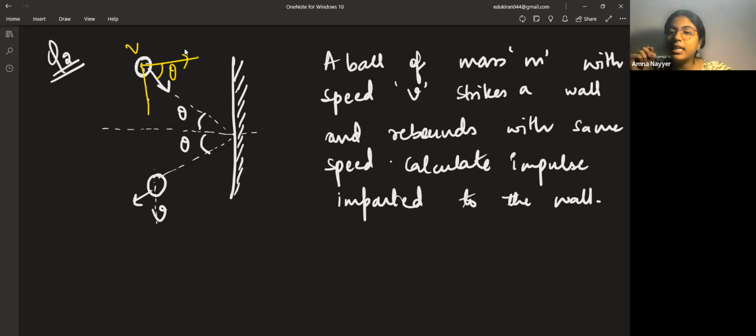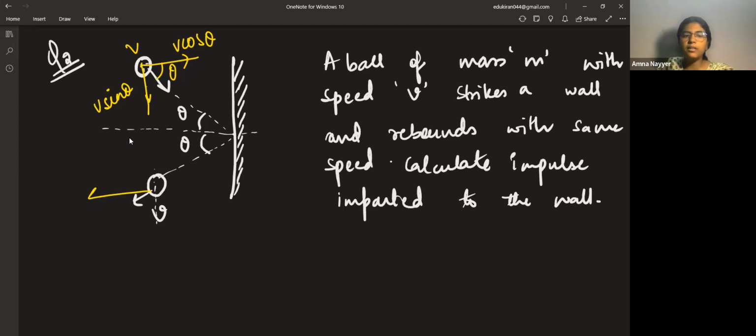So what have we studied in resolution of vectors? That the axis with which the angle is made, it is termed as cos theta. So this becomes v cos theta, and perpendicular to it becomes sine theta. This becomes v sine theta. Fine. Again, velocity is occurring here. When it is rebounding, it is bouncing back, the velocity is occurring here.